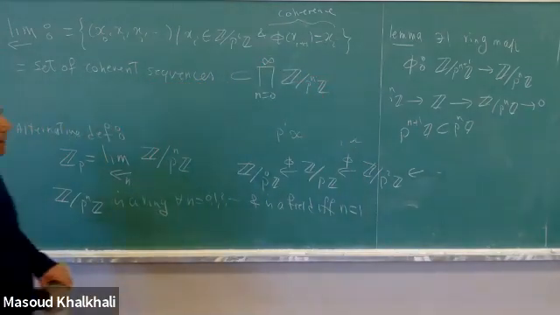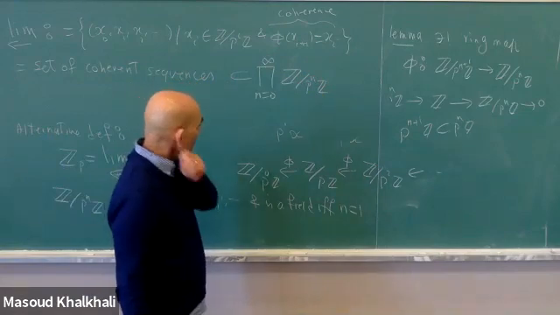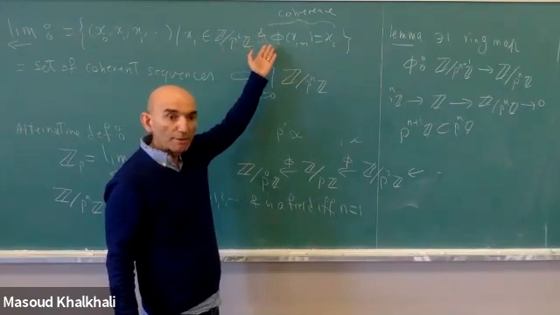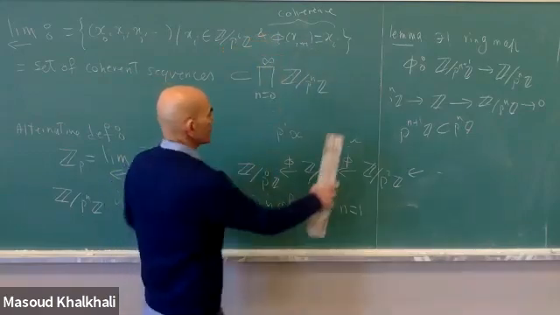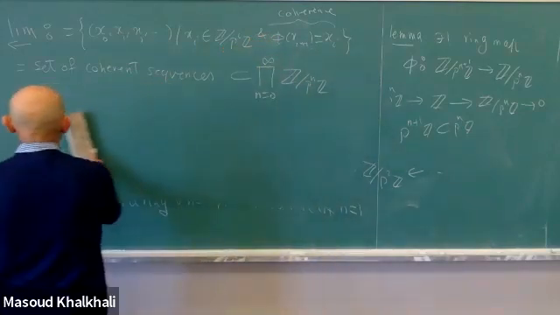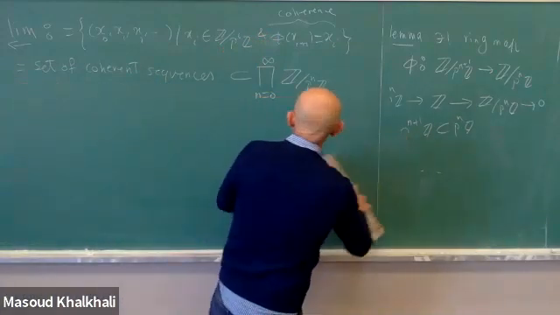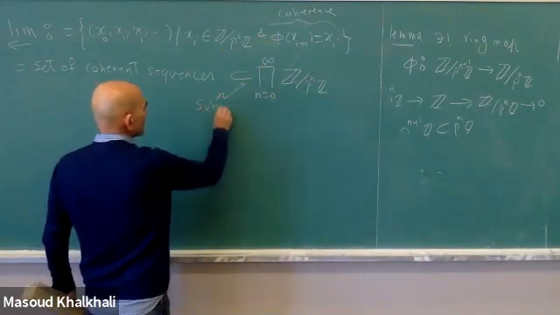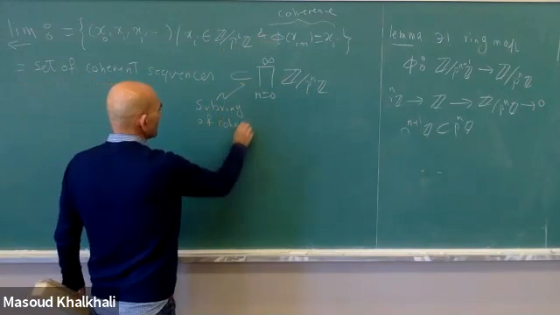Now, what is the ring structure in this picture? If you multiply coherent sequences, you get a coherent sequence, pointwise. Addition and everything just works. So this is actually a subring of coherent sequences.